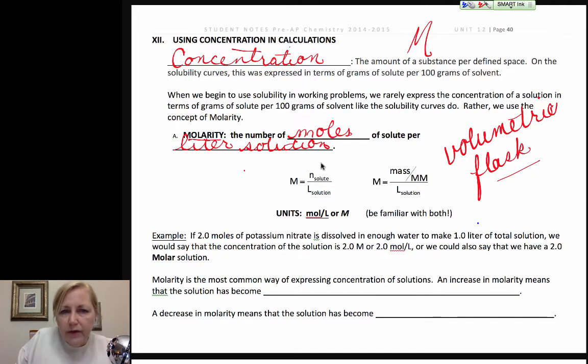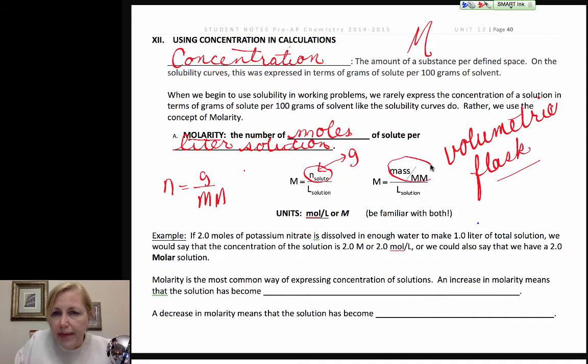Now, you know how at this point mass to moles use molar mass. So you can certainly do this in 2 steps if you want to. Just show me your work. You'll see also, though, on your formula chart, we have the formula moles are equal to gram or mass over molar mass. So if in place of moles, we can put mass over molar mass, you can do it in 1 step.